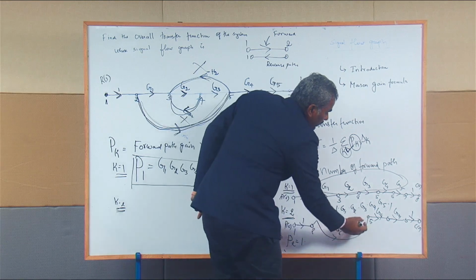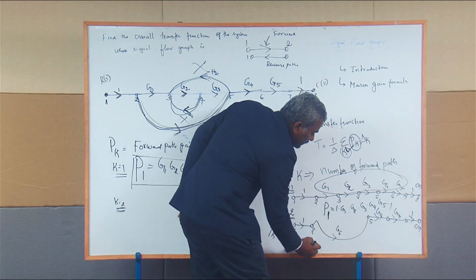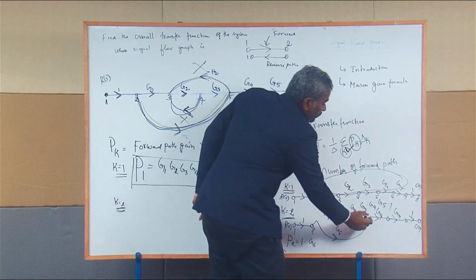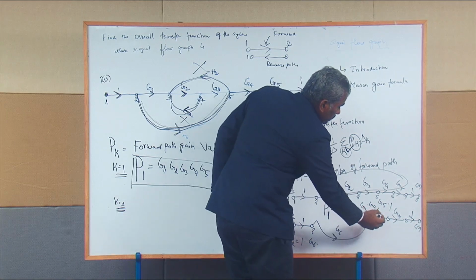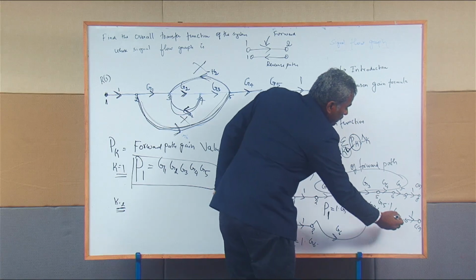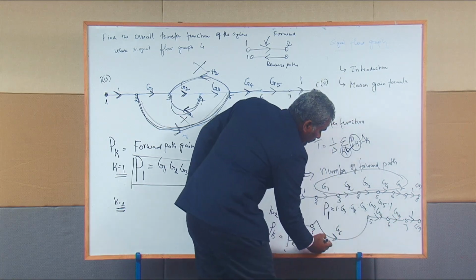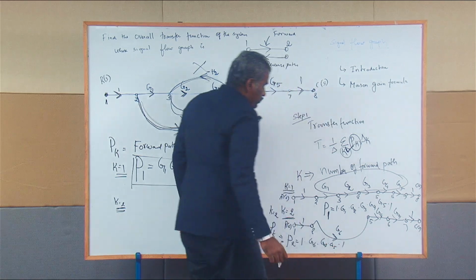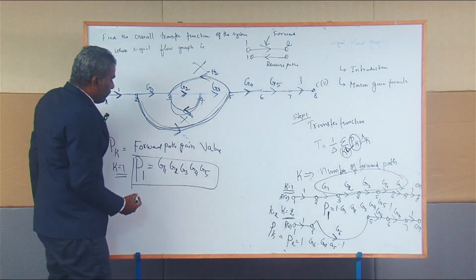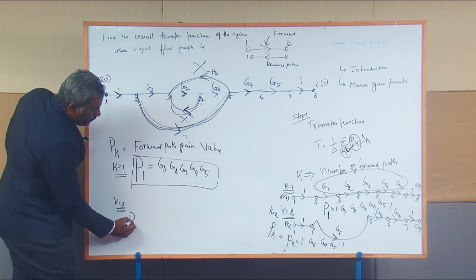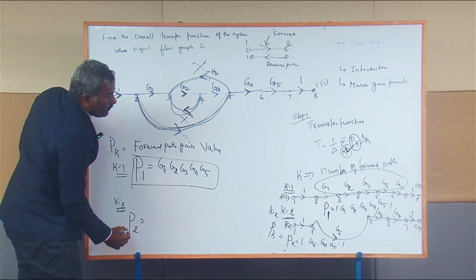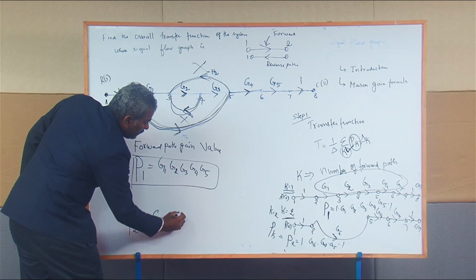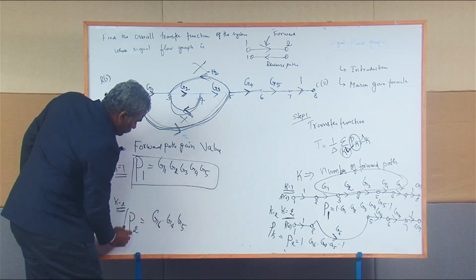Next 2 to 5, you may find the forward path gain value as g6, and from 5 to the 6th node and 7th node, the gain values are g4 and correspondingly g5, and then 1. So this will be the second forward path gain, that is p suffix 2, which is given as g6, g4, and g5.